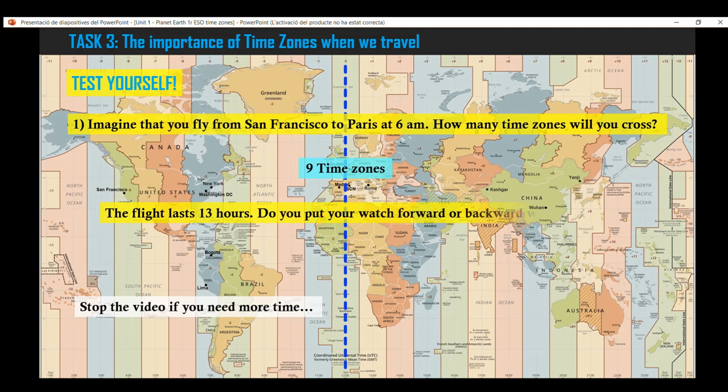If the flight lasts 13 hours, do you put your watch forward or backward when you arrive? That's correct. You must put your watch forward because you will arrive at 4 a.m. of the next day.